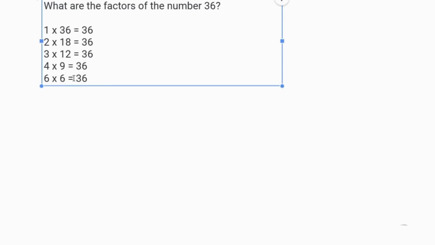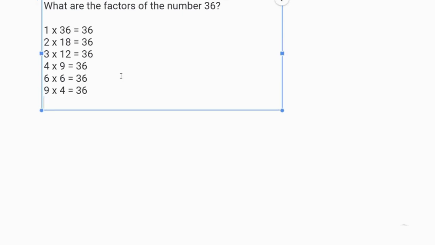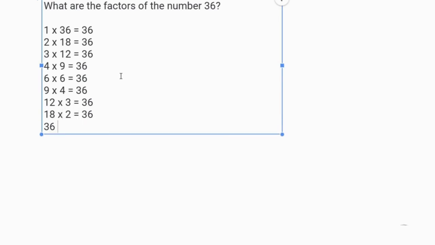So now that we've repeated a number, we know we don't have to go through each number one by one. We're just going to get the flip side of the table. 9 times 4, 12 times 3, 18 times 2, and 36 times 1.